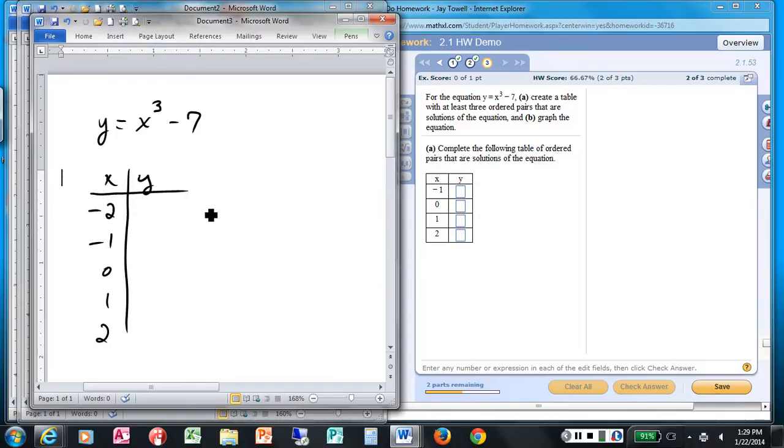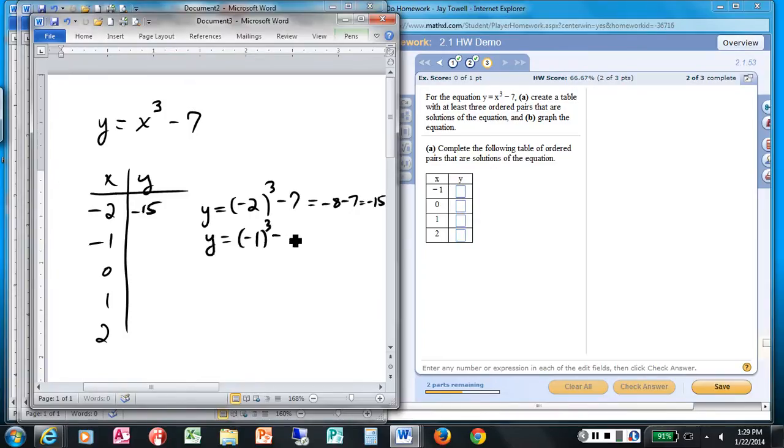All right, so if x is -2, we'll have y equals -2 cubed minus 7. See, -2 cubed is -2 times -2 times -2, which is -8. So that gives me -8 minus 7, which is -15. -1, so it'd be -1 cubed minus 7. So that is -1 minus 7, that's -8. 0.